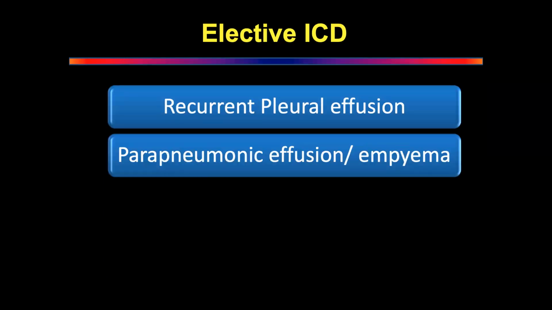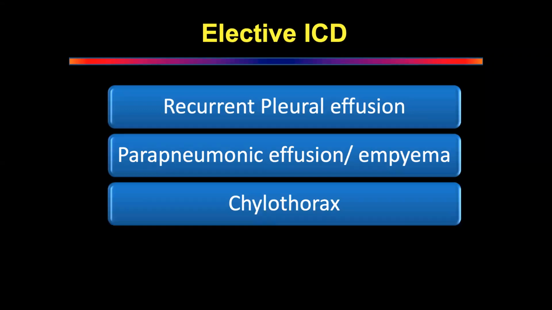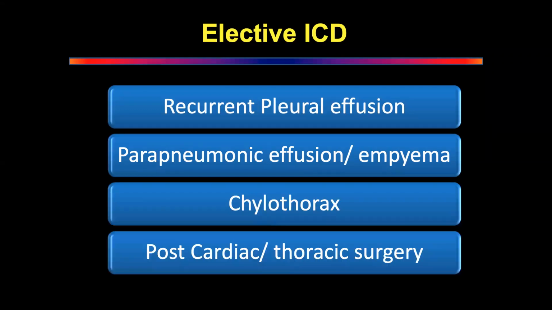Recurrent pleural effusion, malignant pleural effusion, empyema, parapneumonic effusion, and chylothorax. Post-surgery, yes sir. Okay, this is fine. It's very straightforward. But what I want you to practice is that if I put you on the spot, it should come out. You shouldn't struggle. I know you know it, but don't make me bring it out of you. You come out with it.